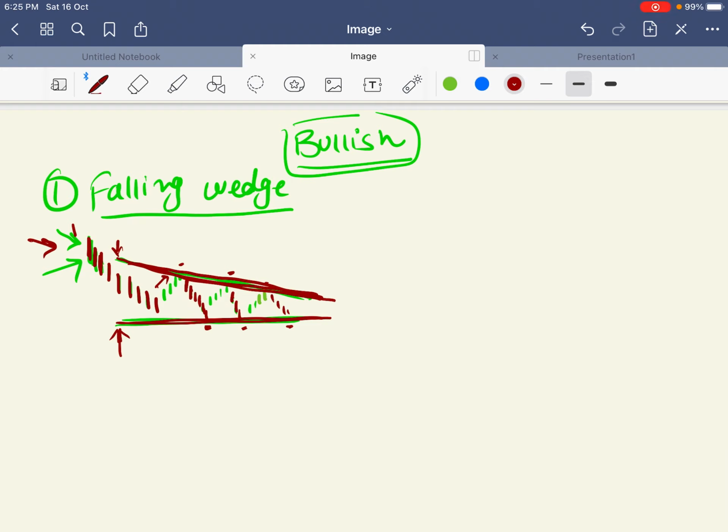After this, if the price is able to break out of this pattern from this side, then where to enter? You have to wait for another retracement and then you can enter after another bullish candle. You can enter here and put your stop loss inside the wedge. This is the way you can enter a falling wedge pattern.